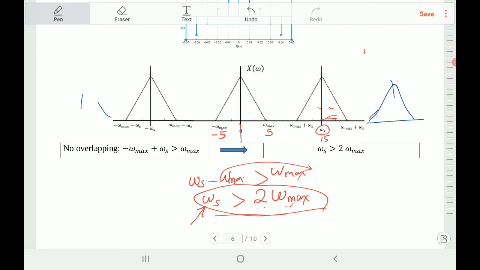Well, if this is 15 and you know the omega max equals 5, so if you go backward by 5, you get 10. So when you have 10, this is 5, so it's much bigger than 5. So there is no overlap. That's true. So when you have omega s more than the double of omega max, you don't have overlap, and you can regain and reconstruct the signal back.